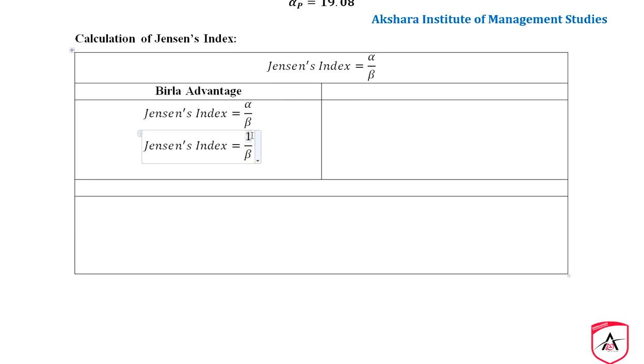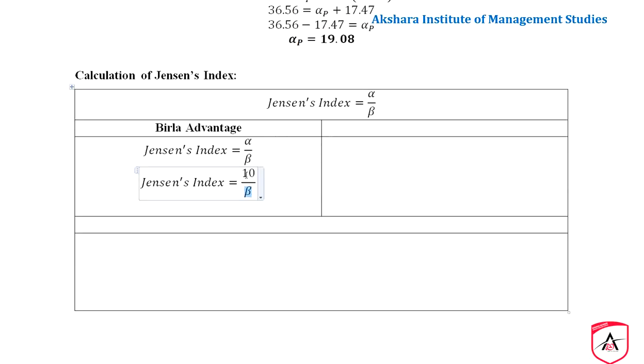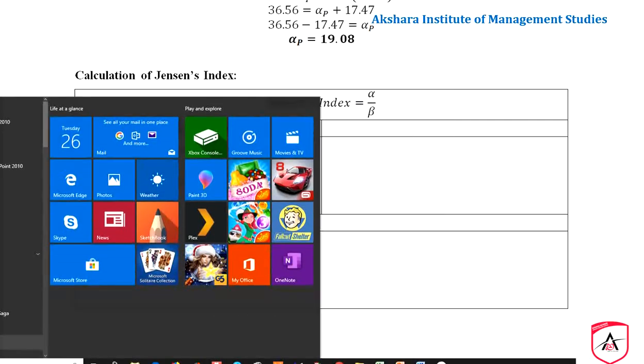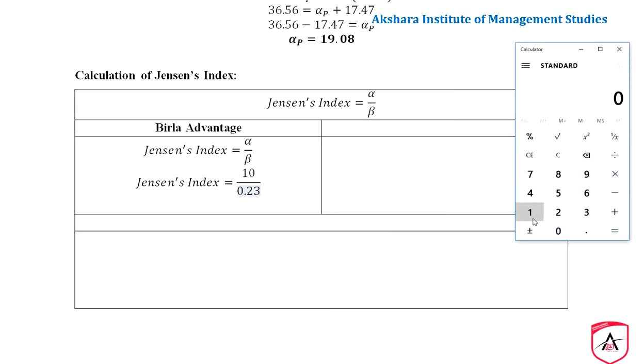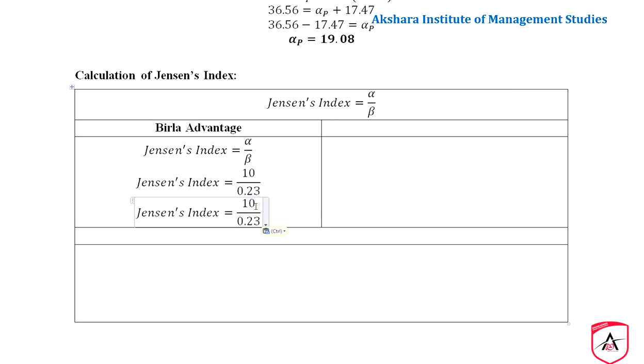Alpha is 10, and if you see the question, beta for Birla Advantage is 0.23. Now you have to use calculators for this. 10 divided by 0.23 is 43.47.